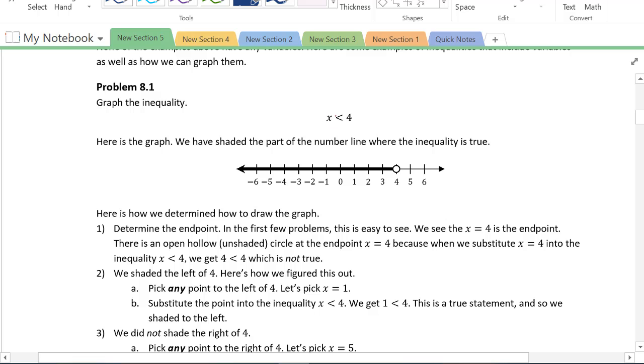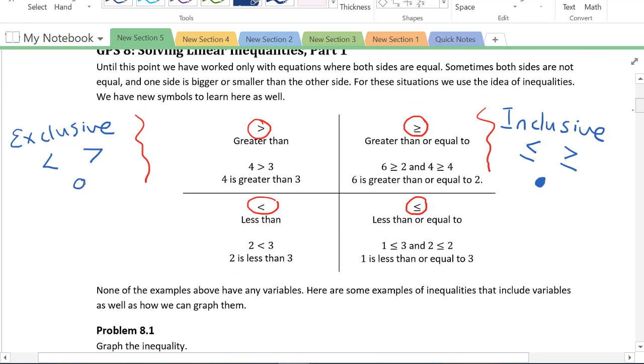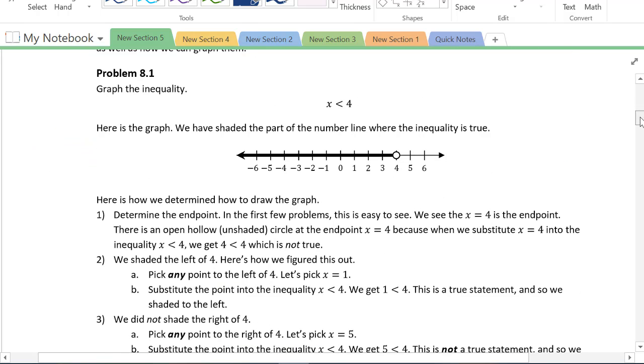That tells us that x will be smaller. Since there's no line underneath, this is exclusive. If it's exclusive, we use an open circle. Always look back here for reference: exclusive does not have the line underneath, and we use an open circle. So that's why here we have an open circle, and it's pointing at the x, so x is smaller.